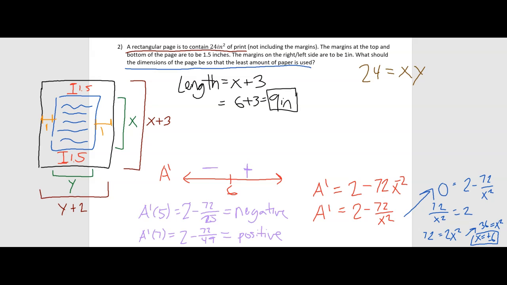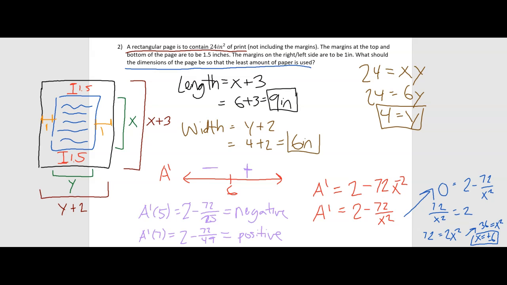If x is equal to 6, I get 24 is equal to 6y, which gives me y is equal to 4. So my width is equal to y plus 2, which is equal to 4 plus 2, which is equal to 6 inches. So my width is 6, my length is 9 in terms of inches, and we are good to go.